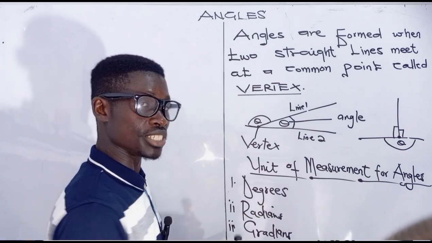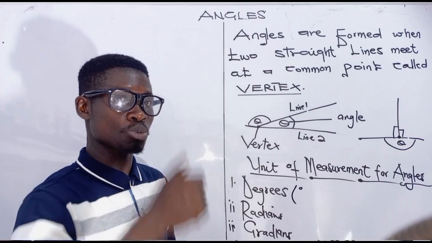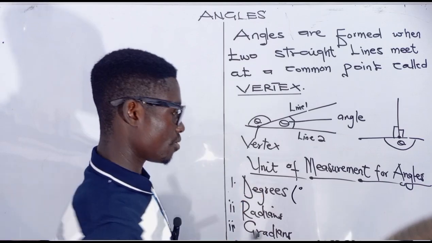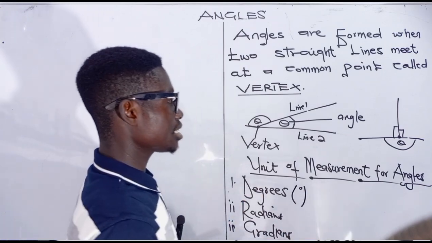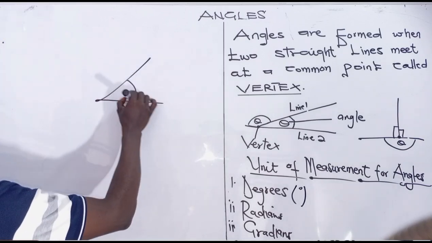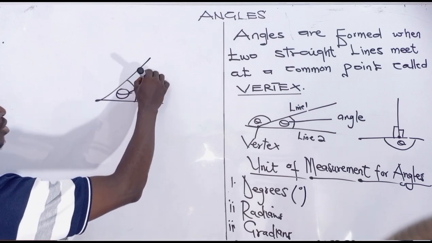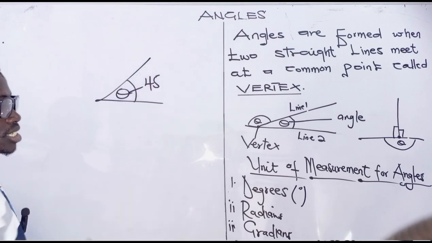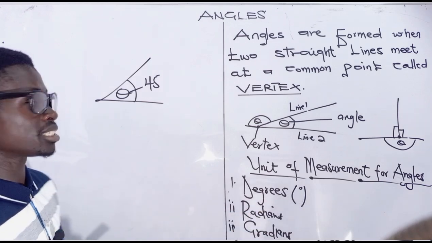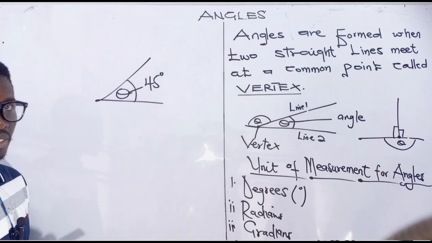Now the degree is denoted with a small 0, which is written as a superscript to the measure of the angle. So let's take it that after measuring the size of this angle, this angle is 45. Since we are using the degree as our unit of measurement, we are going to write it as 45 degrees.